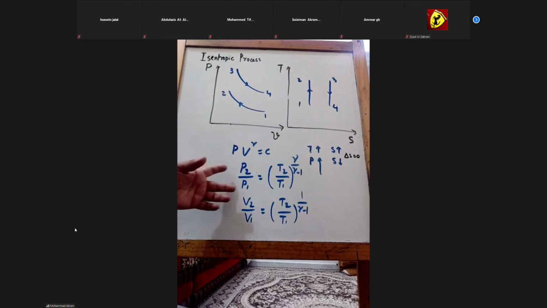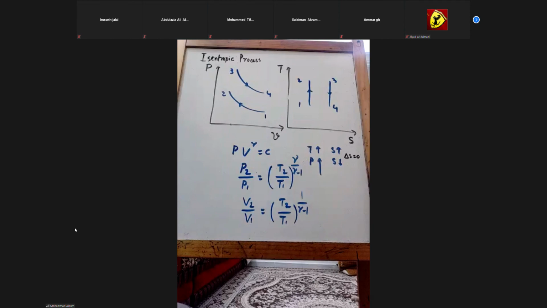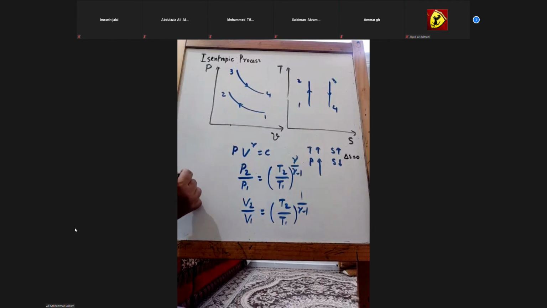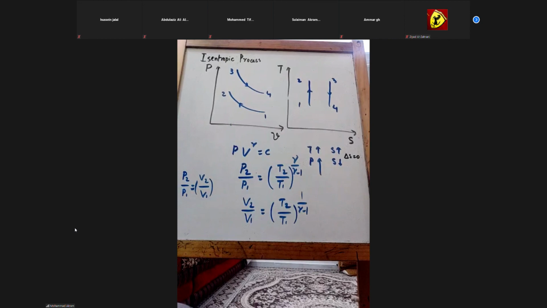Now similarly, if we want the P2 V2 relation, how will you get it? P2 by P1 is equal to V2 by V1, what will be the power? Gamma over 1 minus gamma.